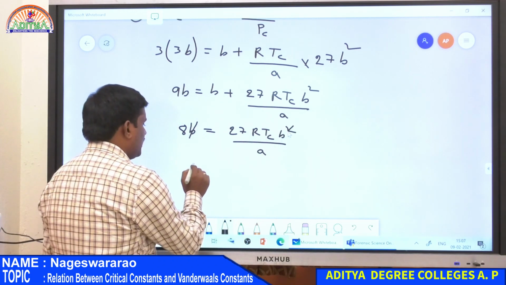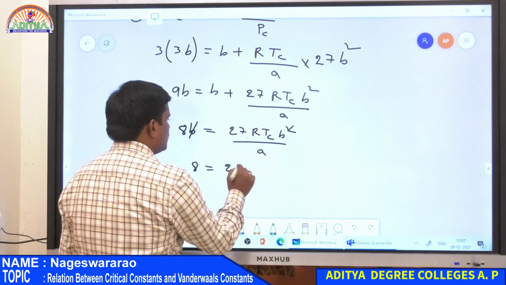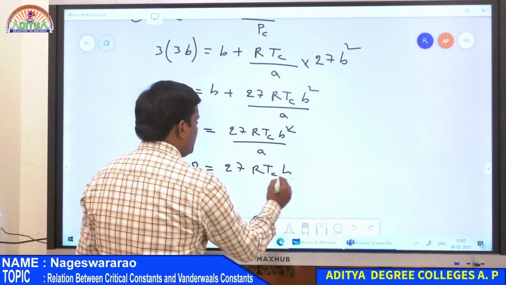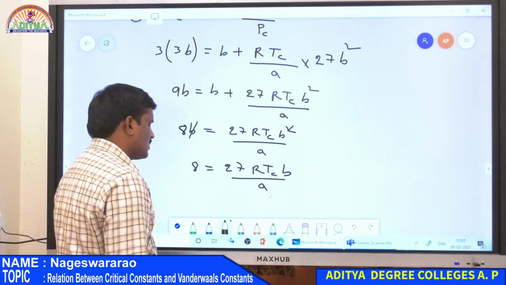So simply 8 is equal to 27 RTc B divided by A.